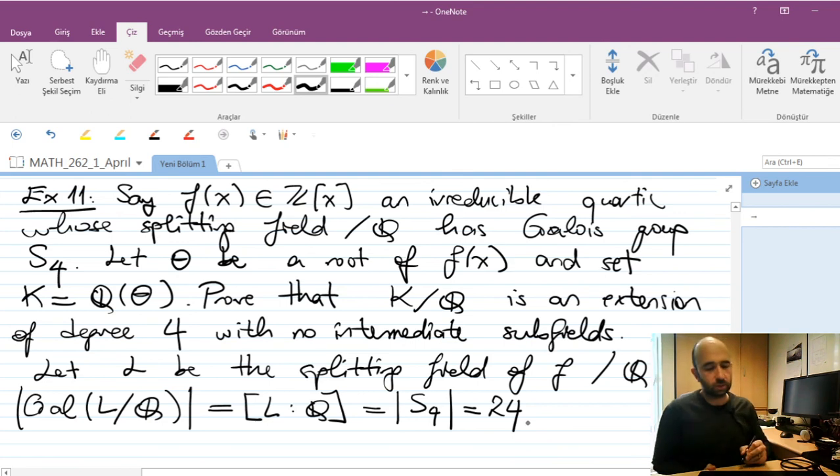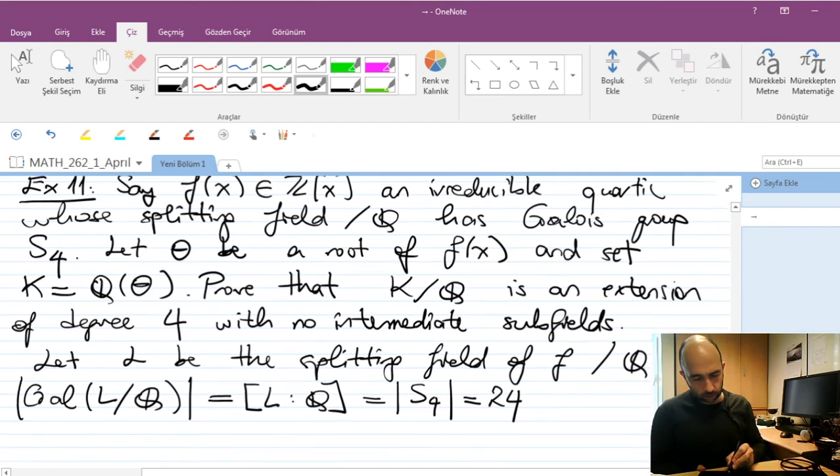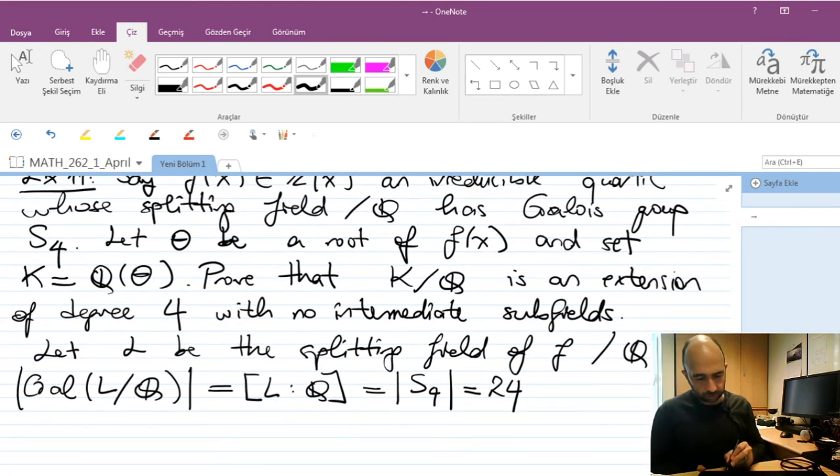So this is a degree 24 extension. So this K should sit somewhere in between L and Q.